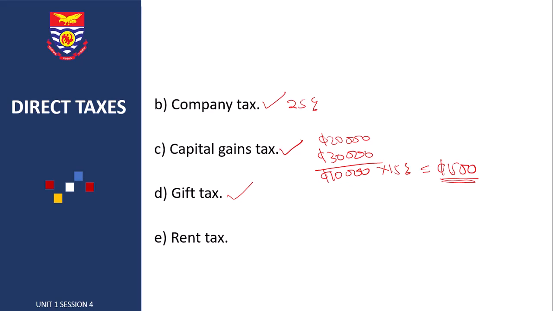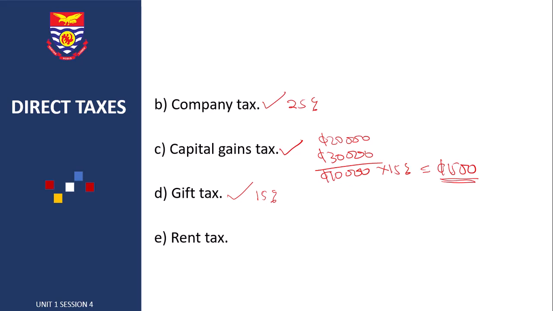Remember, I told you that we are going to make extensive reference to the Income Tax Act. Here too, the percentage is 15%, and it follows the same rules as the capital gains tax. Either you opt to isolate the gifts and tax it at 15%, or you add it to other incomes and be taxed accordingly.